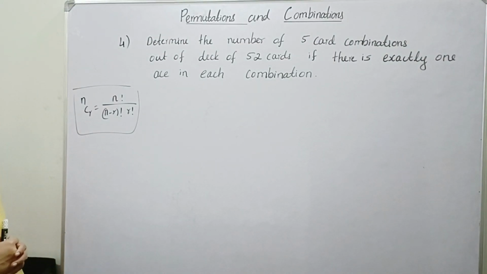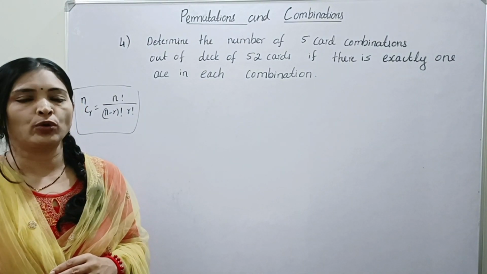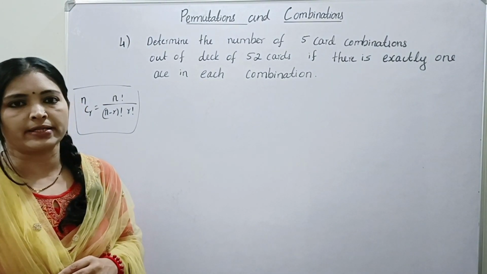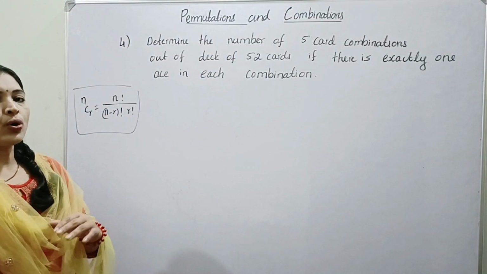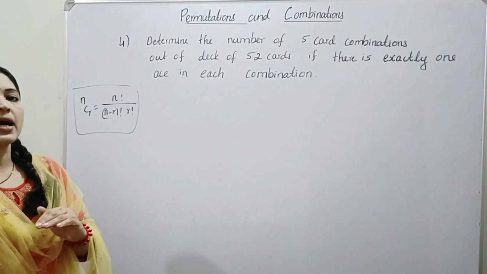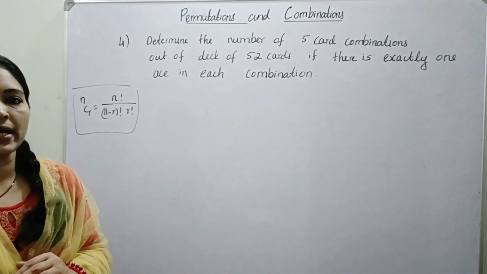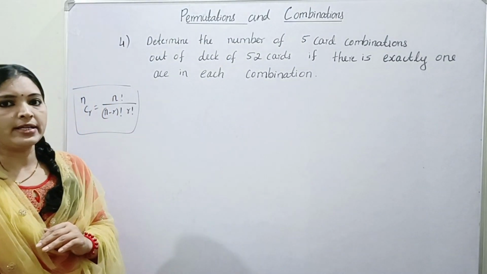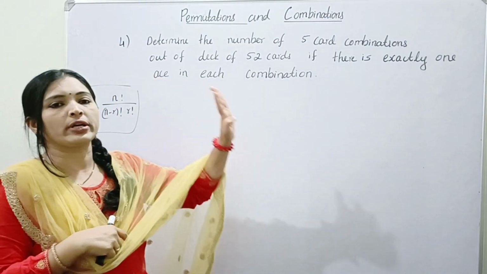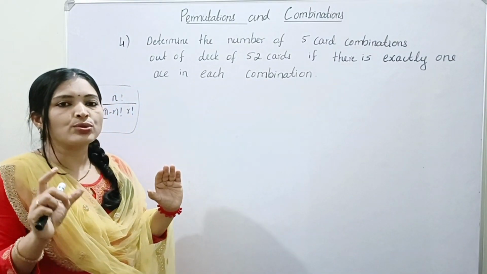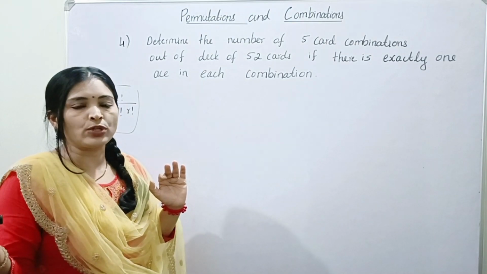So here, first we should know how many ace cards are there out of 52 cards. We know that there are 4 ace cards. So we have to select one ace card out of 4 cards, and the remaining 48 other cards. We have to select a total of 5 cards out of 52 cards.